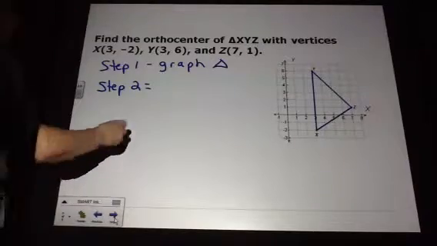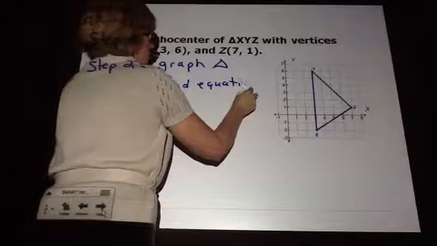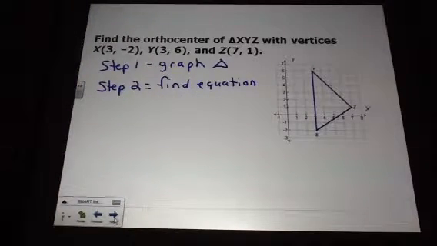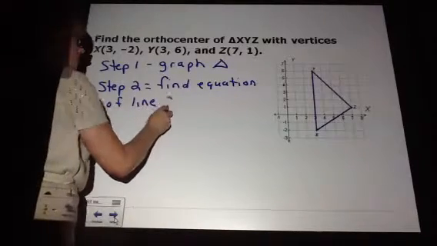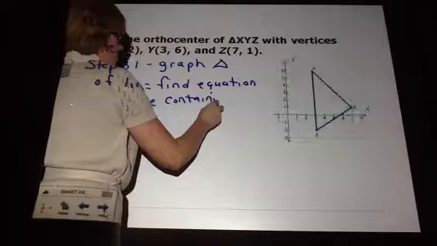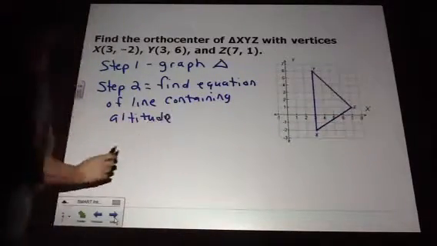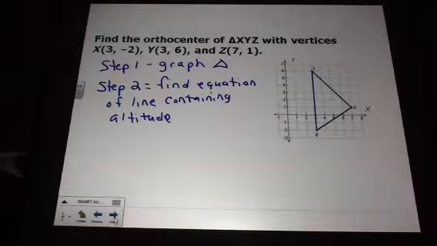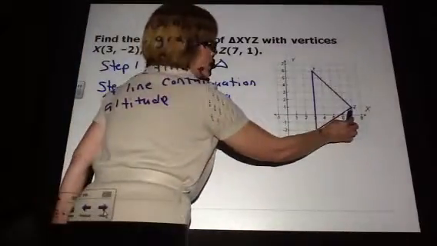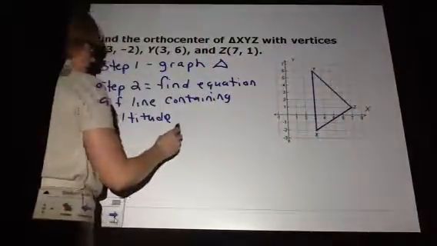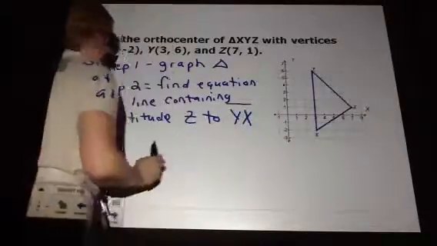So let's first find the equation of the line containing the altitude. So let's go from Z, so vertex Z to YX. So altitude Z to YX.